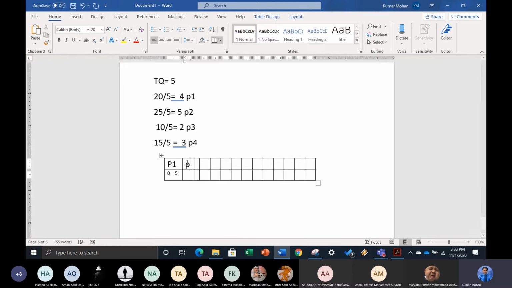Next, again P2, again we have P1, again we have P2. So this will repeat, P1, P2, P3, P4 will repeat here.